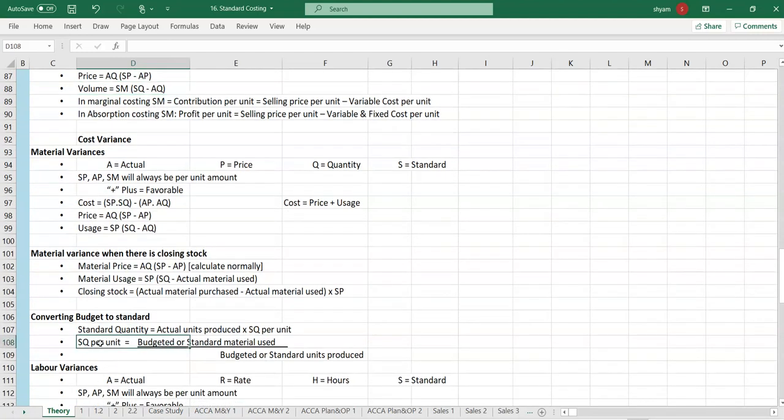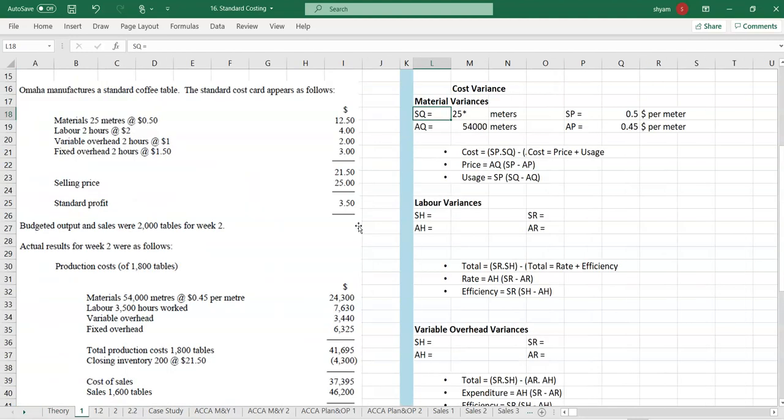See here, standard quantity per unit is the standard material divided by budgeted units. Okay, and standard quantity equals actual units into square meter. Okay, this is what the concept is. Actual units produced into standard quantity per unit. You have to multiply that. So per unit it is 25 meters. How many units did we produce?